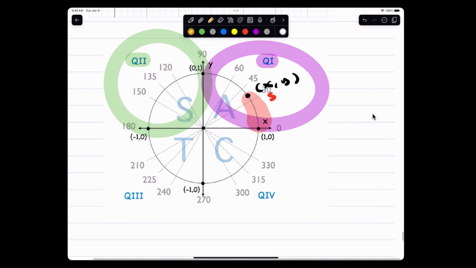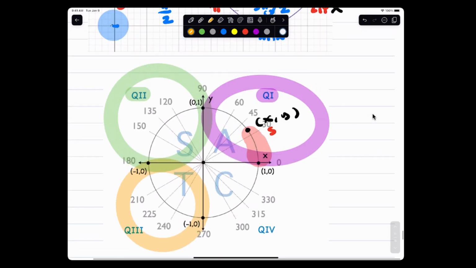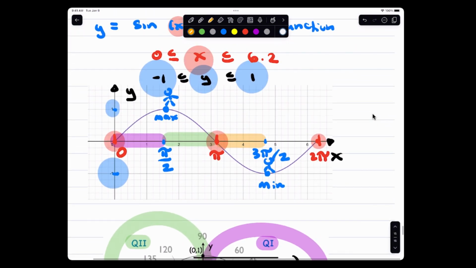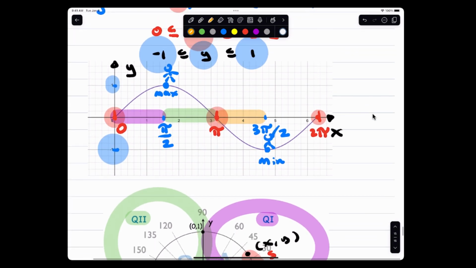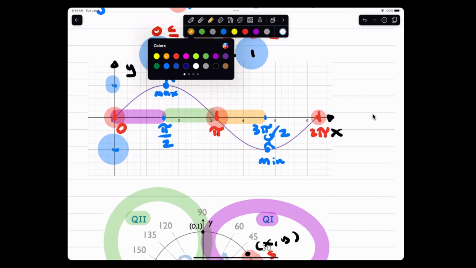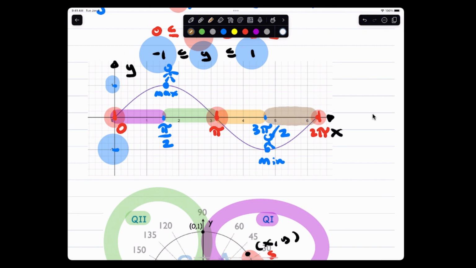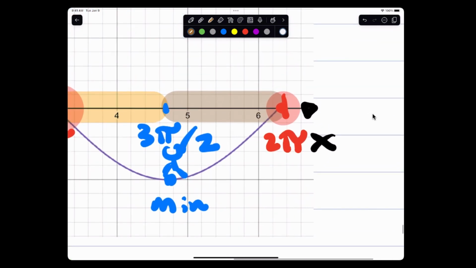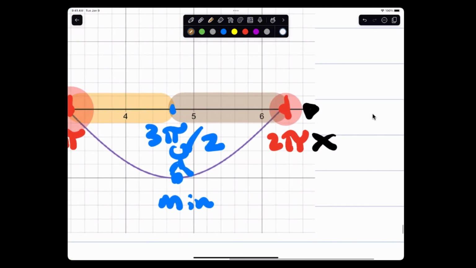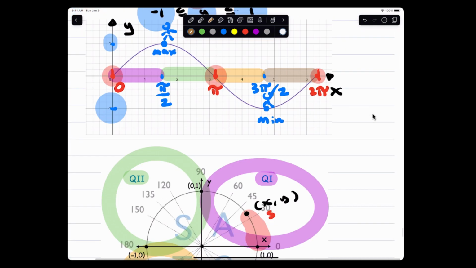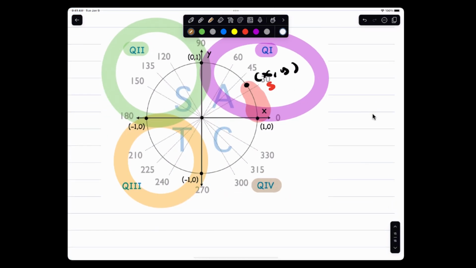What angle is between 180 and 270? That's quadrant 3. And then finally, maybe we should pick another color. Between 270 and 360, what angle does that represent? Do you guys know? That's quadrant 4, is that true?